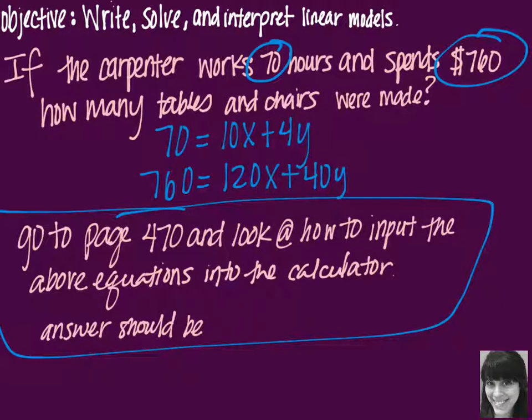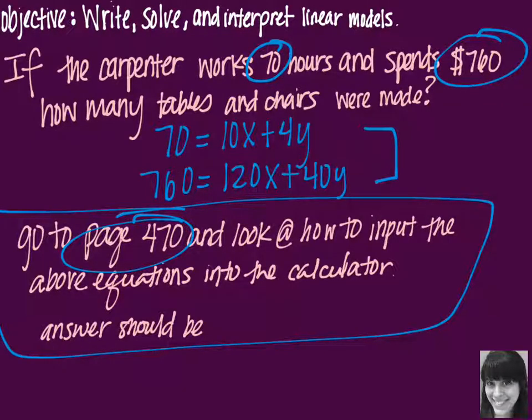Okay, so you're going to put in these 2 equations. Like I said, in the book, it gives you 2 equations to use in that example. Instead of those 2 equations, you're going to put in 70 equals 10x plus 4y and 760 equals 120x plus 40y. So go to page 470, make sure you have your calculator, the Inspire, and input these 2 equations instead of the ones that it gives you.